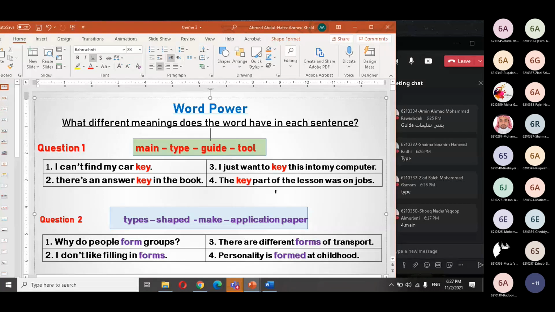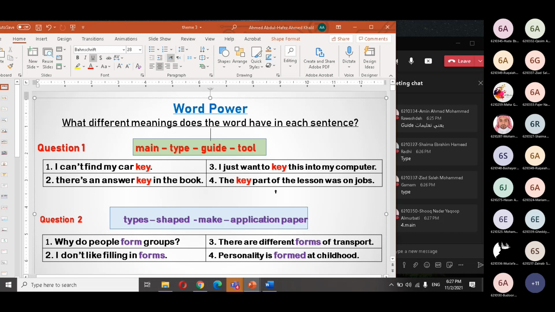If you key something into the computer, it means you use the keyboard to insert something, to type. And the last one, as Shog wrote, the key part of the lesson means the main part of the lesson.